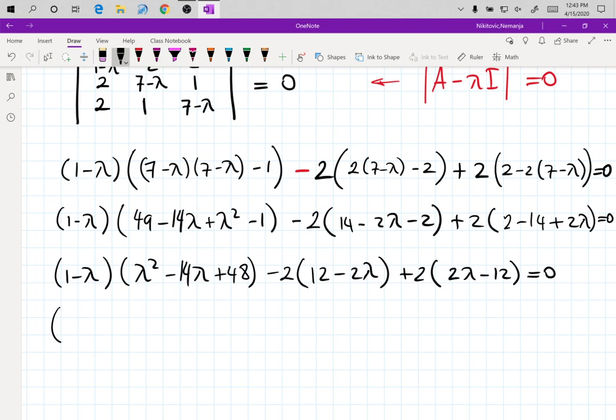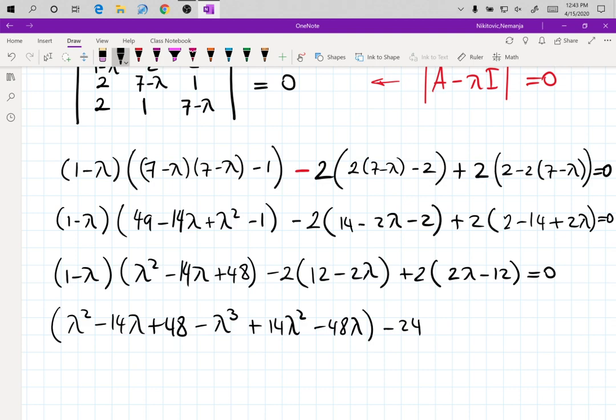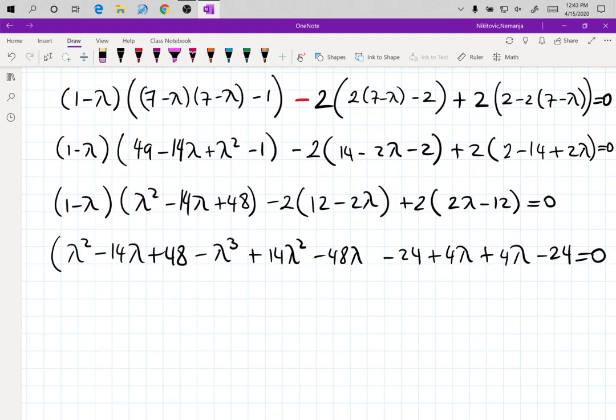So now we have 1 times lambda squared minus 14 lambda plus 48, minus lambda cubed plus 14 lambda squared minus 48 lambda minus 24 plus 4 lambda plus 4 lambda minus 24 equal to 0. I don't need these parentheses here because they don't change anything.